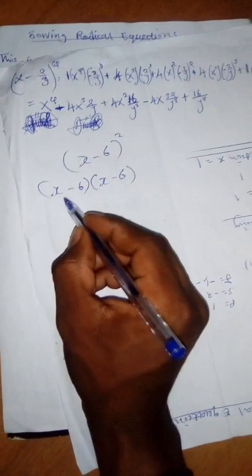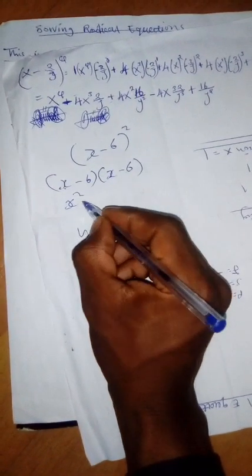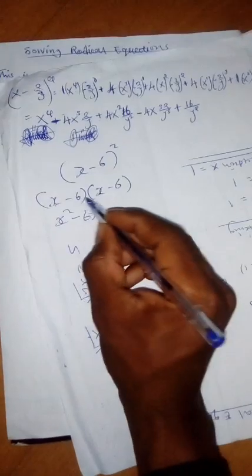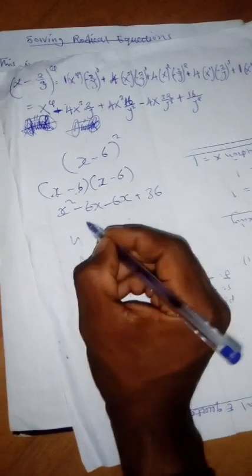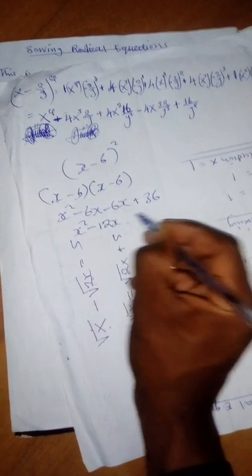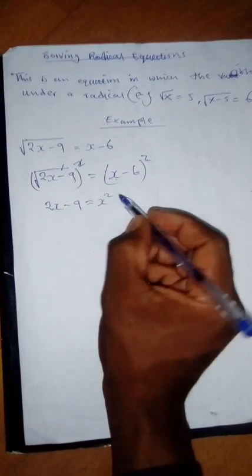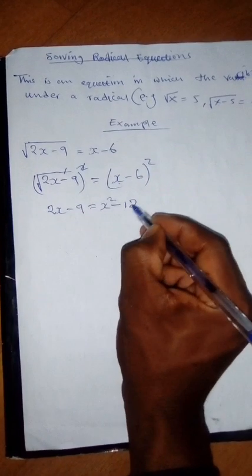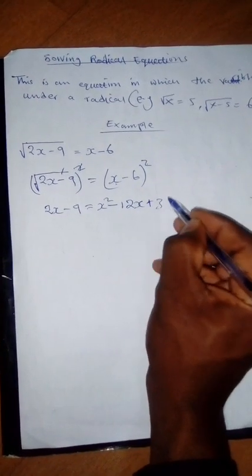This one multiplied by that one gives x squared, then minus 6x, minus 6x, then positive 36. So you have x squared minus 12x plus 36.